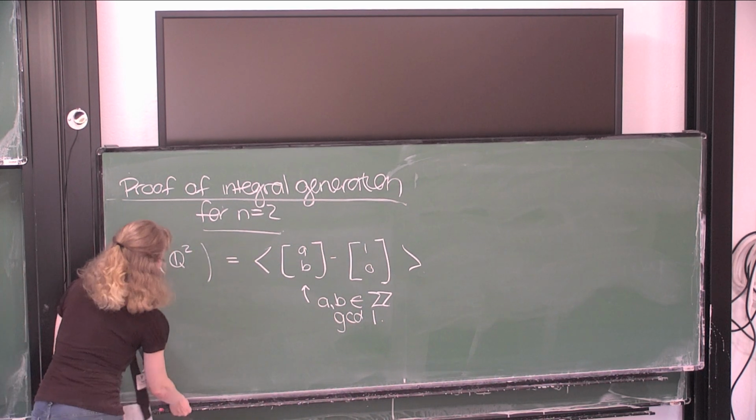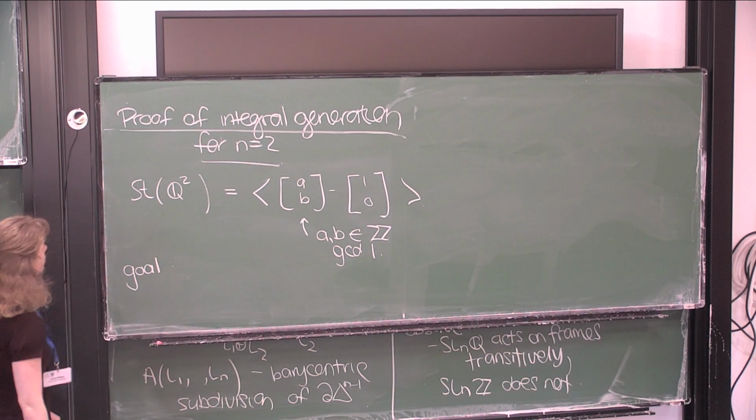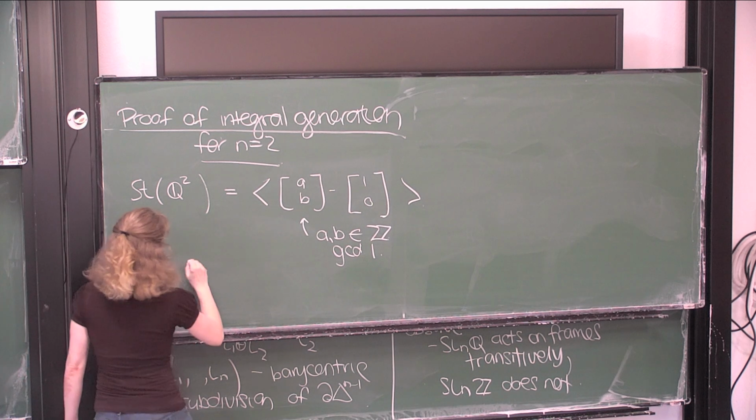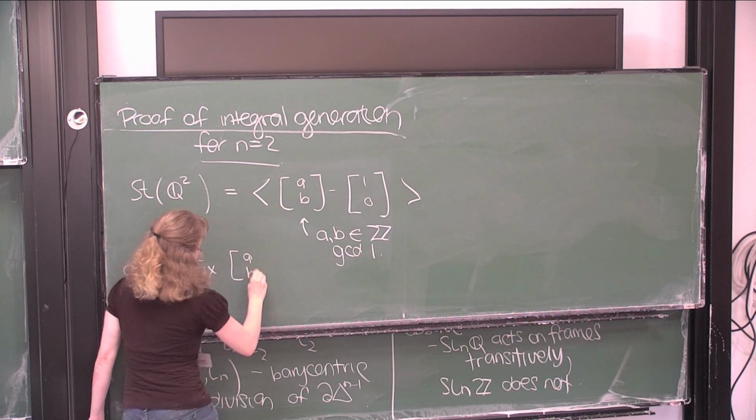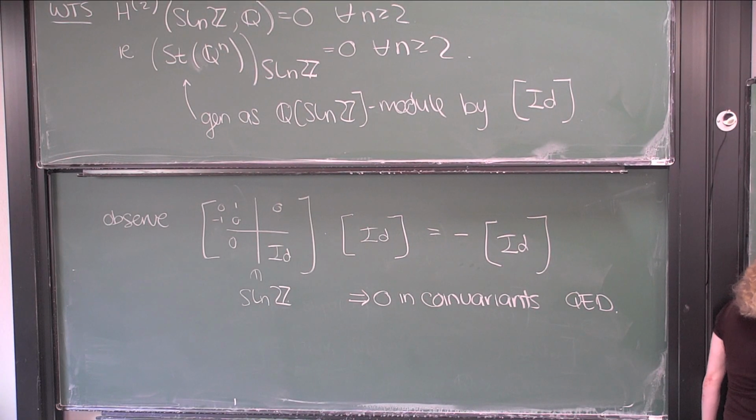And the goal is to show that if I fix such a vector (a, b), I want to be able to express this difference as a linear combination of integral classes.